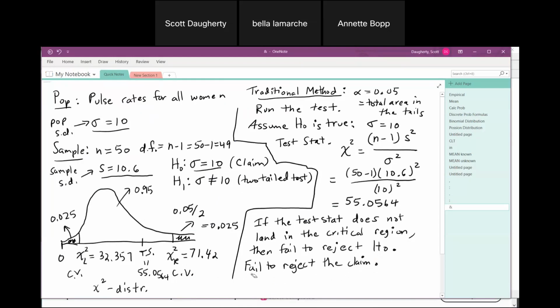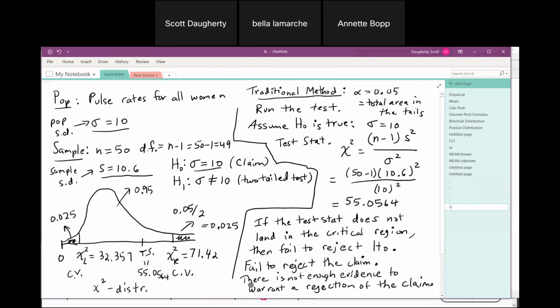But in more sophisticated words, you could also say there's not enough evidence to warrant a rejection of the claim. That's the way MyMathLab is going to word it.